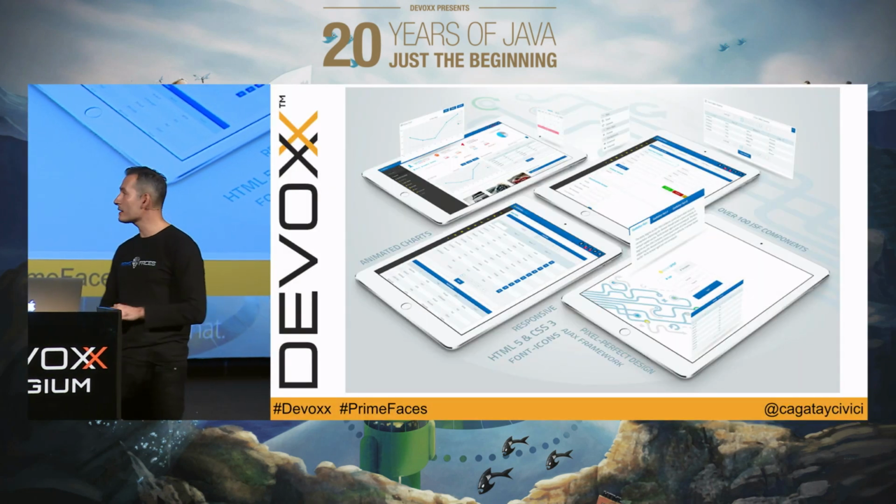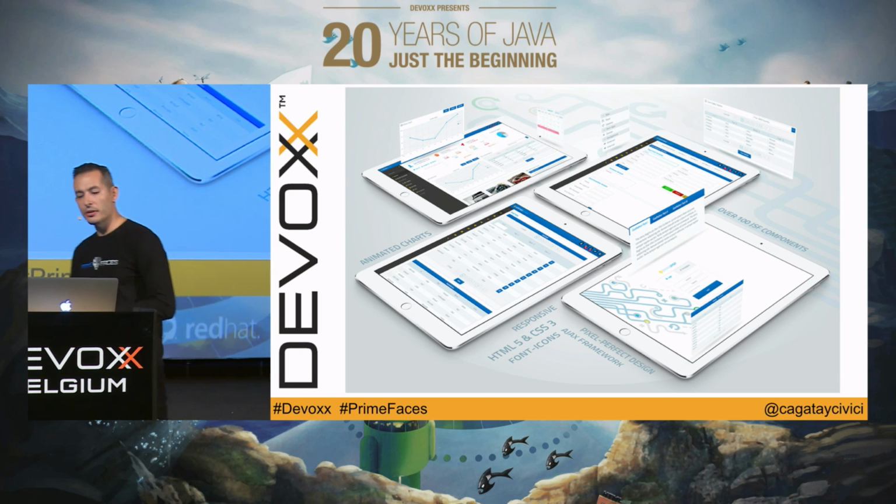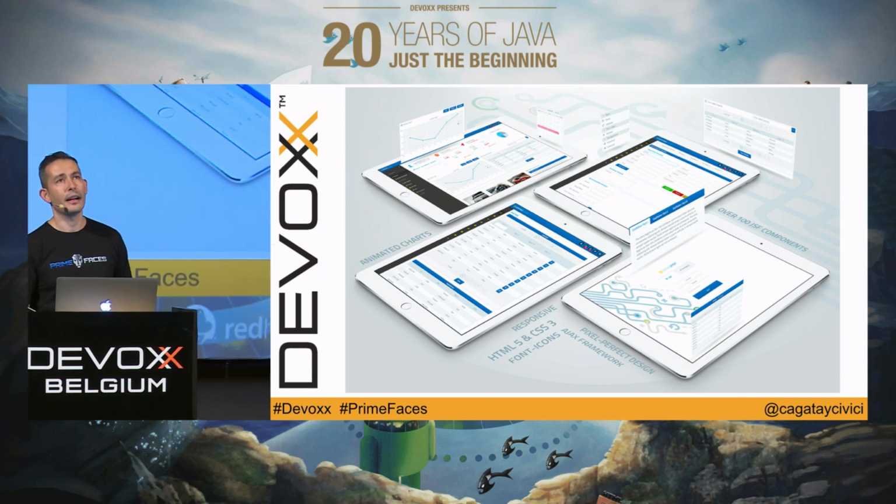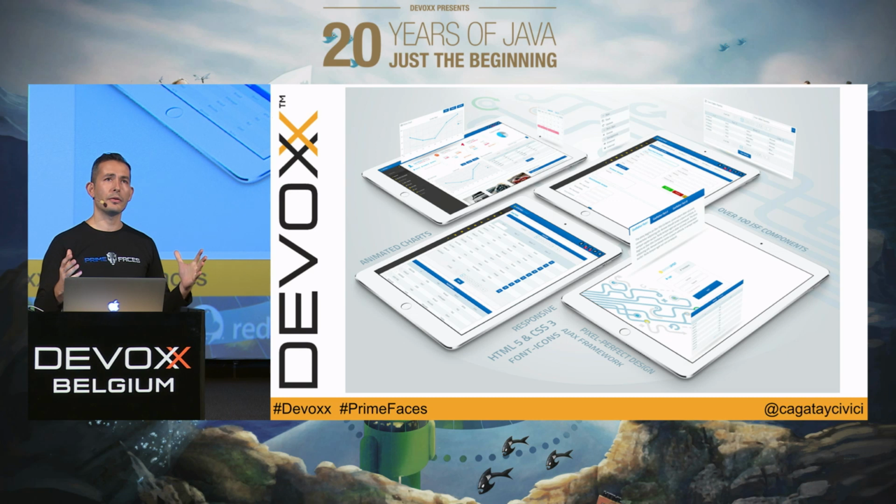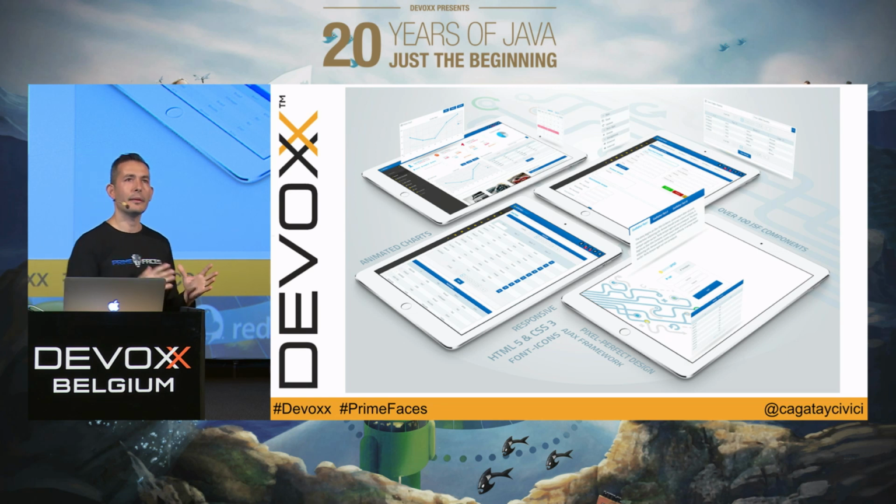What is PrimeFaces? PrimeFaces is a set of UI components, right? And they are lately responsive. They adjust to screen widths. They look great, which wasn't the case maybe 2 years ago. And now they look great and modern. And there are charts, tabs.